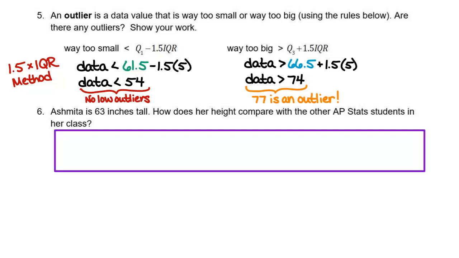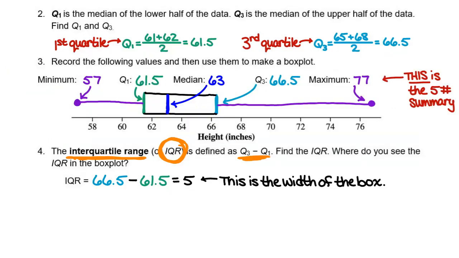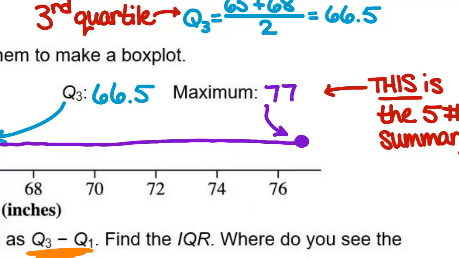And this actually affects how I draw my box plot. So we're going to make a slight variation to our box plot. It is perfectly fine if you did your box plot in pen, because we're just going to kind of scribble out what it should look like. I'm not scribbling out the whole thing. So 77 is an outlier, so we're going to represent the outlier with an asterisk.